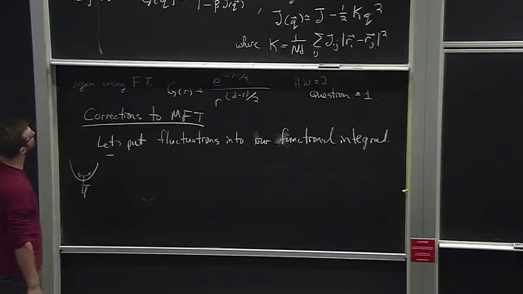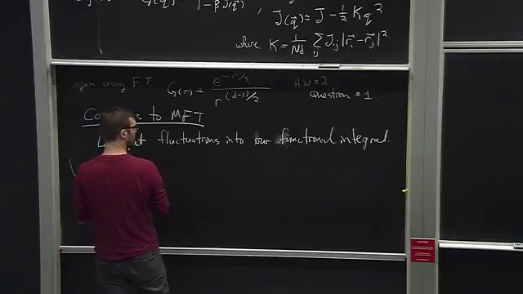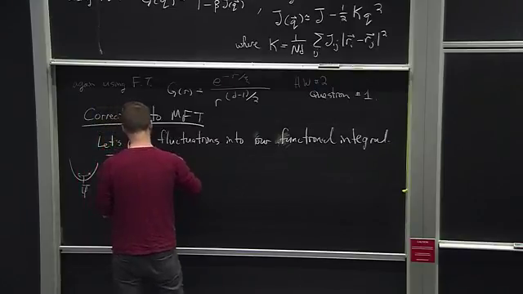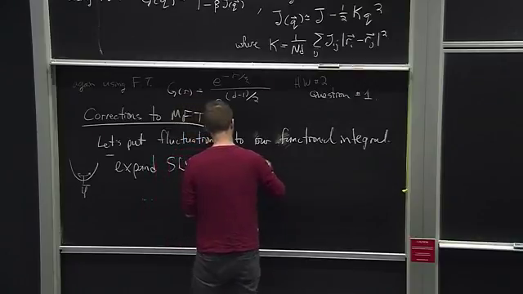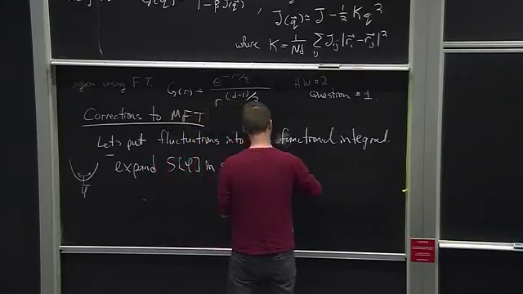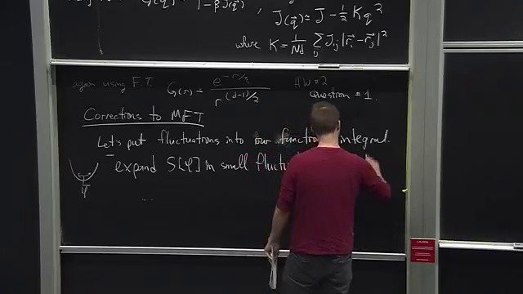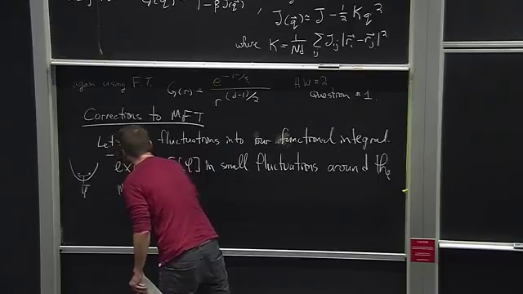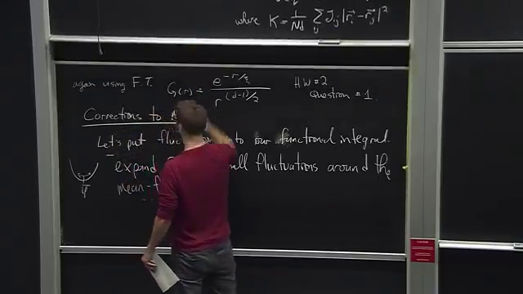So for us, the object we have is that action. So functional integral. So that's the mean field phi bar.